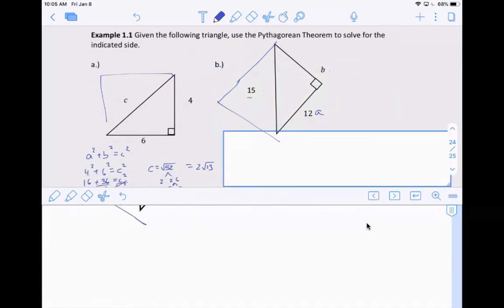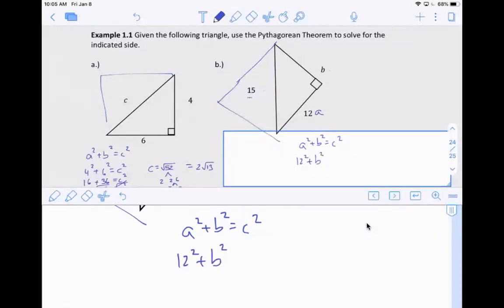Alrighty. And so what we have, a squared plus b squared is equal to c squared. I don't want to fill this in as 15 squared plus 12 squared. I need to make sure I match according to the formula, right? We don't want to plug in the numbers to formulas if they're not plugged in correctly. So we've got 12 squared here plus b squared is equal to 15 squared.